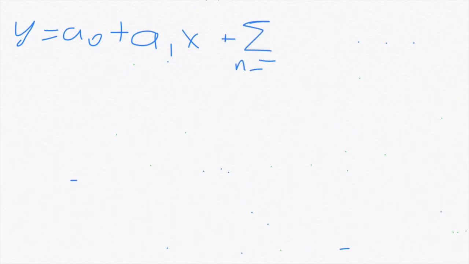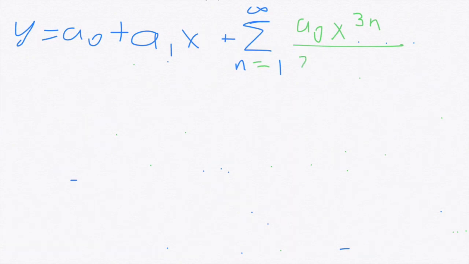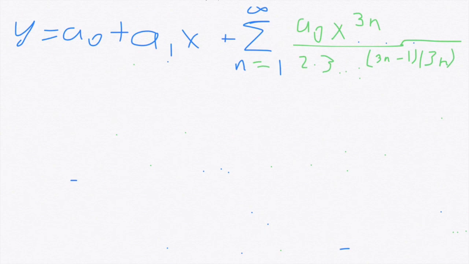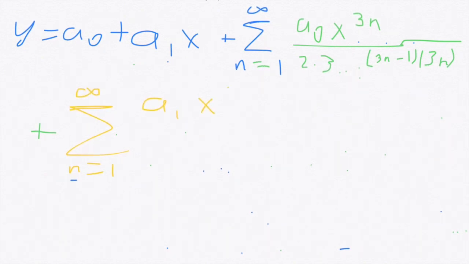The sum, n equals 1 to infinity, of a of 0 x to the 3n over 2, 3, dot dot dot, all the way to 3n minus 1, 3n, plus the sum, n equals 1 to infinity, of a of 1 x to the 3n plus 1 over 3, 4, dot dot dot, all the way to 3 of n times 3 of n plus 1.